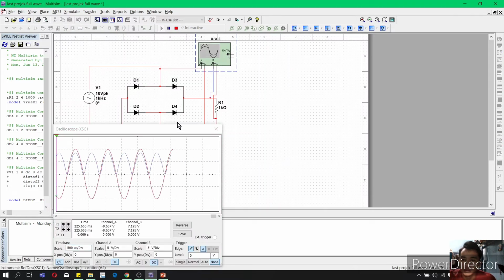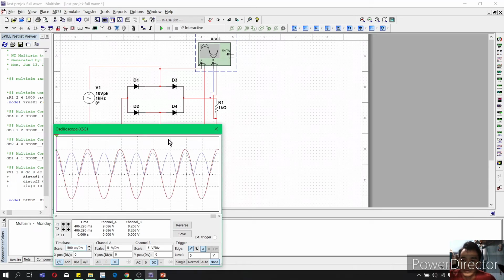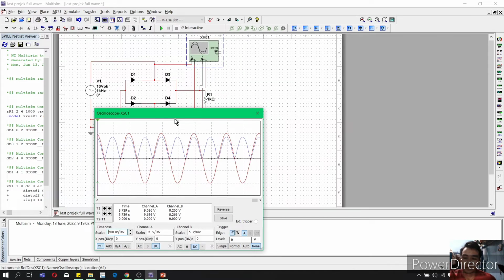So this is the result of the waveform for the full rectifier. The red color is for the input signal and the blue color for the output signal. Moreover, to measure the value of the input signal, I use rulers 1 and 2.